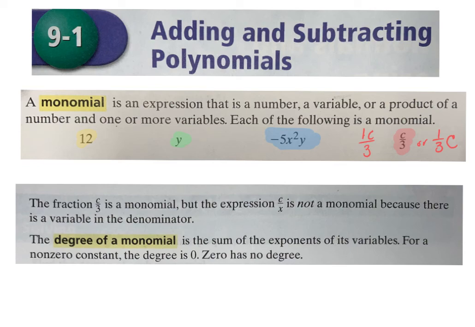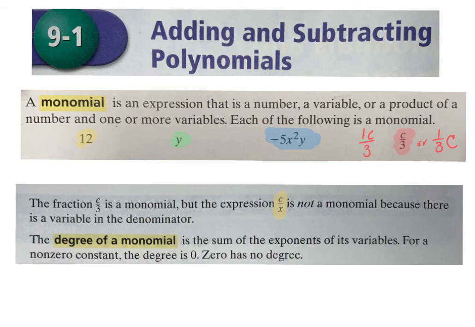The fraction c over 3 is a monomial, but you'll notice what they point out is not a monomial is c over x. If you have a number in the denominator, you have a monomial. But if you have an x or a variable in the denominator, it is not a monomial. So if you have c over x, or x in the denominator, rather, it is not a monomial. The x has to be in the numerator position for it to be a monomial.